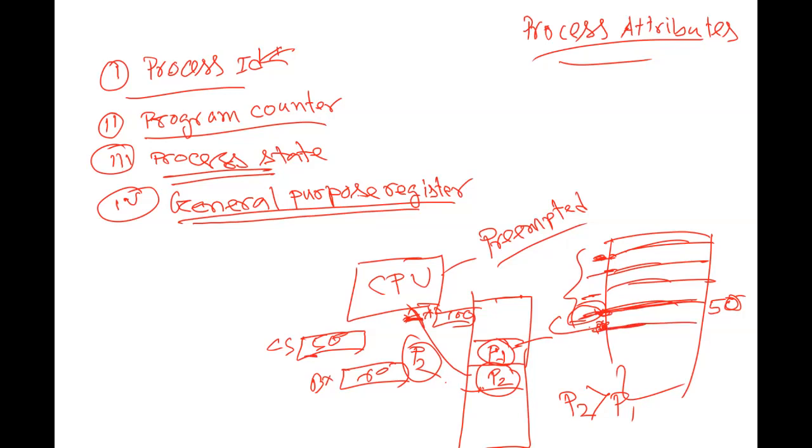Okay, next line. Currently P1 is preempted and P2 is scheduled for running by the CPU. In that case, you know that these are the general purpose registers for any process.